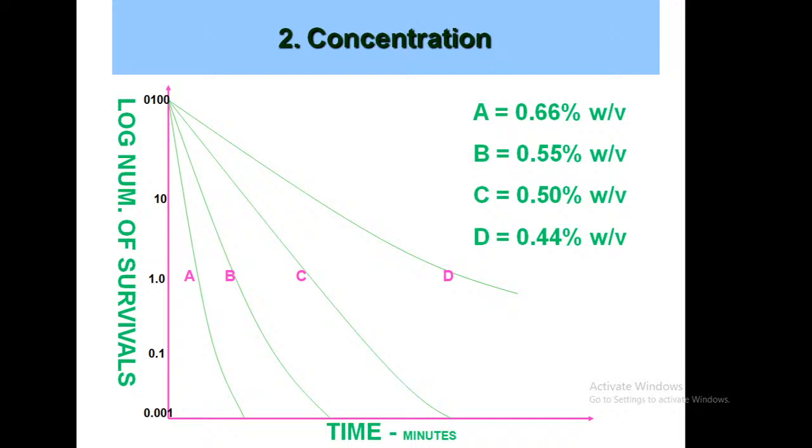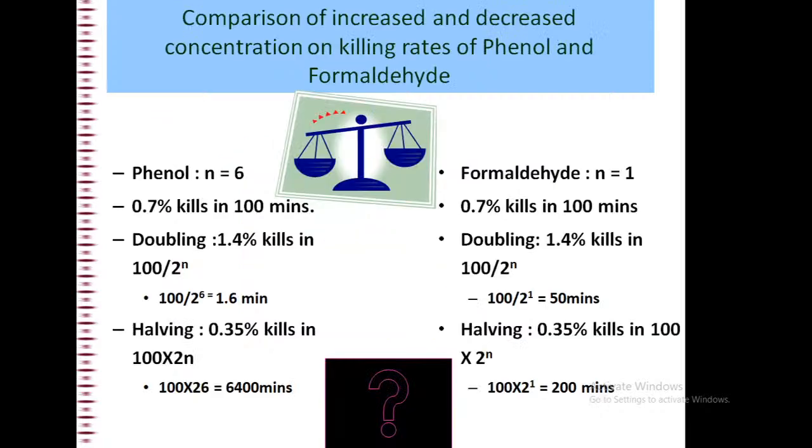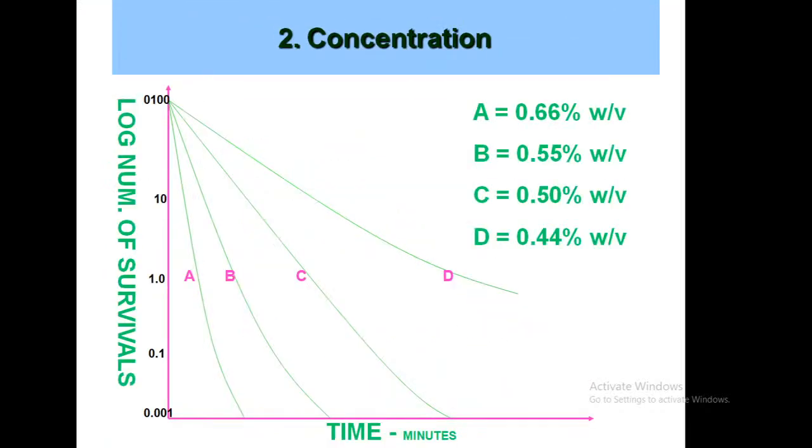Next, concentration. So there are three curves A, B, C, D for the different concentrations. Concentration also affects the action of disinfection. You see, this is the log number for survival.